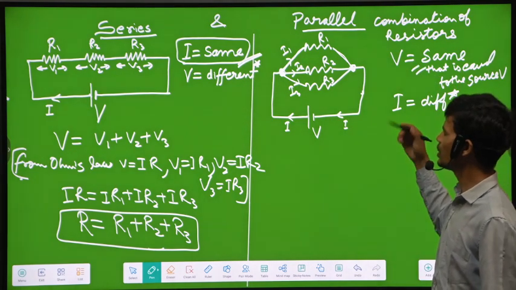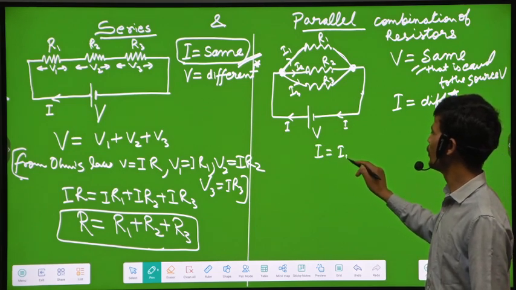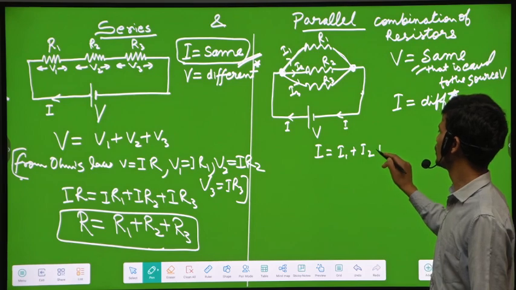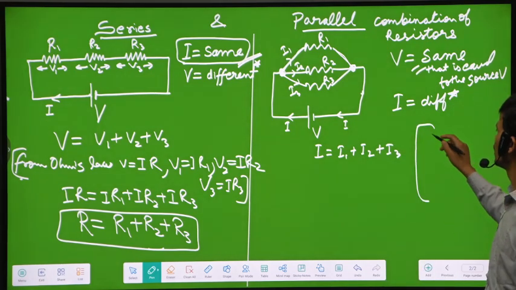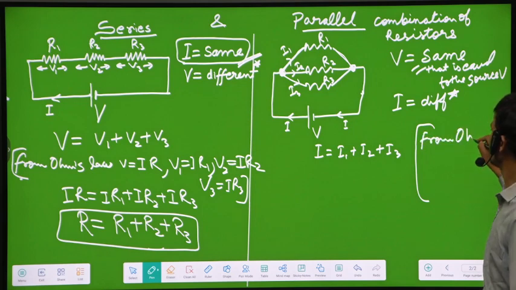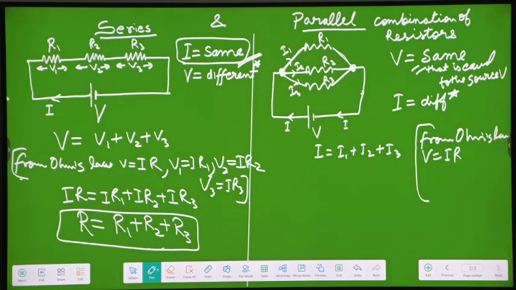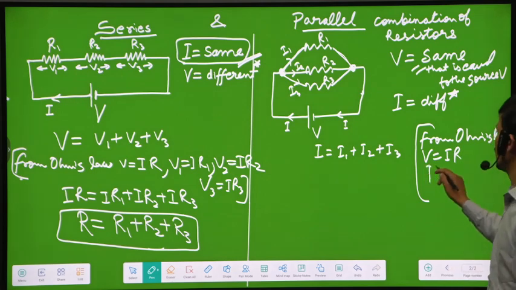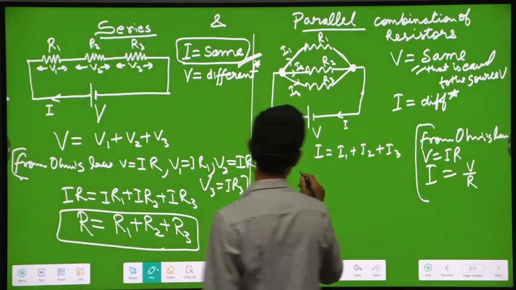I is different conditionally, so I is equal to I1 plus I2 plus I3, and once again from Ohm's law we have V equal to IR. So I equal to V upon R. We can replace it here.